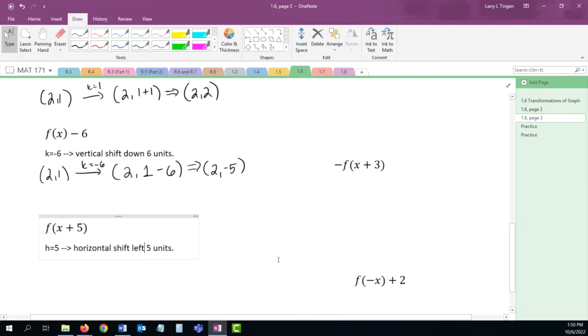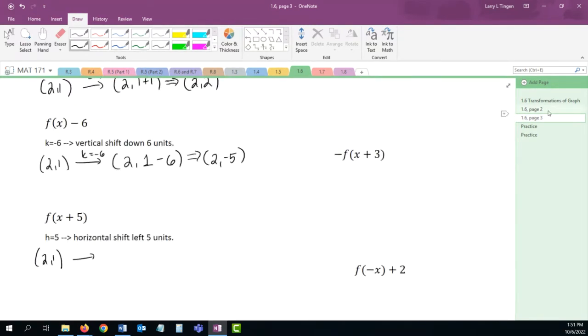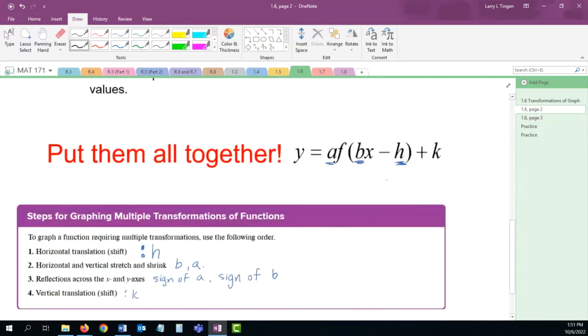So what does that look like for our plot? I have (2, 1). And here's the thing, this is where it can get a little confusing. Take a look at this base, this original piece right here. Look at the sign on the inside.